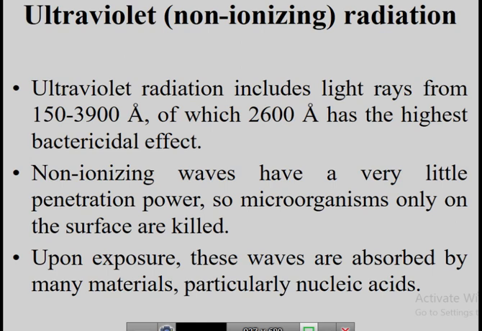One method of radiation sterilization is sterilization by non-ionizing radiations, and the best example is ultraviolet radiation. These non-ionizing waves have very little penetration power. They range from 200 to 400 nanometer. So only microorganisms on the surface are killed.